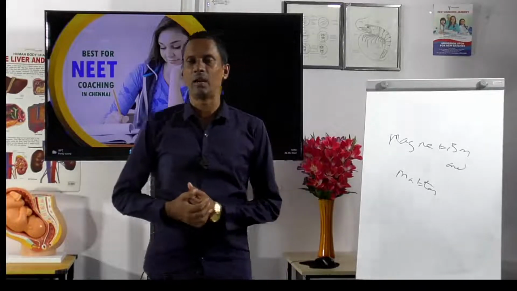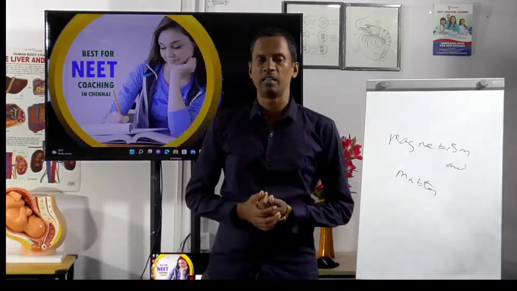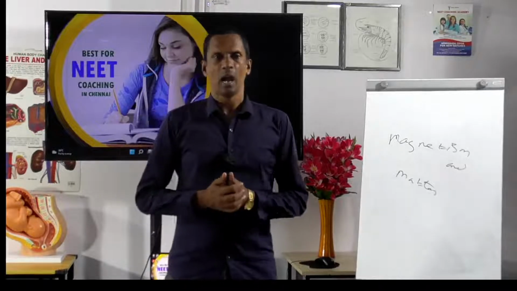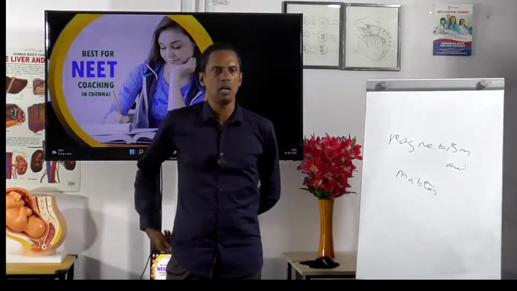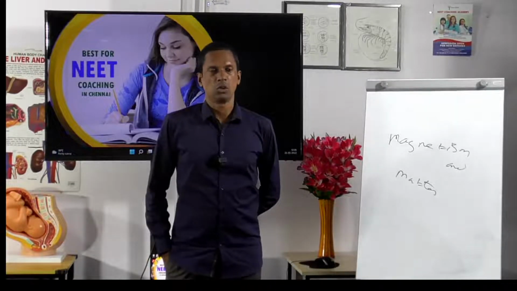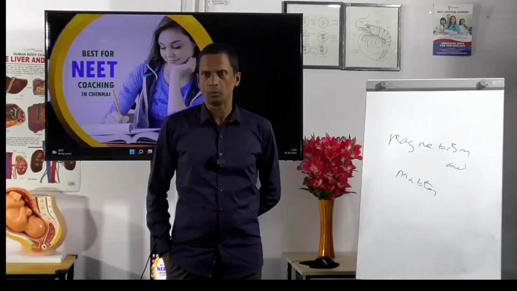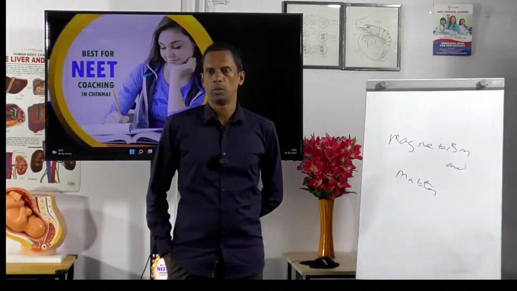Why are we differentiating the north pole and south pole? Say I have this table, and this table is now a big magnet. The top one I am creating as a north pole, the bottom as a south pole. That means what?